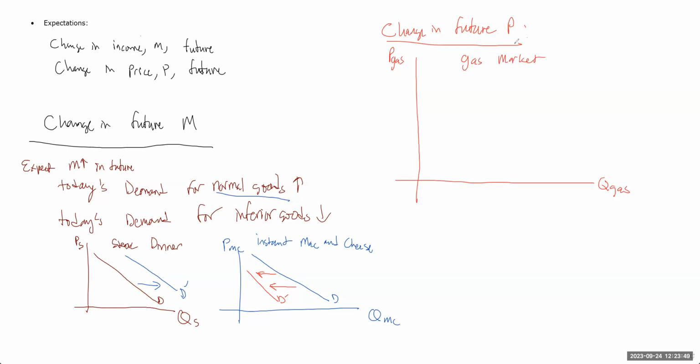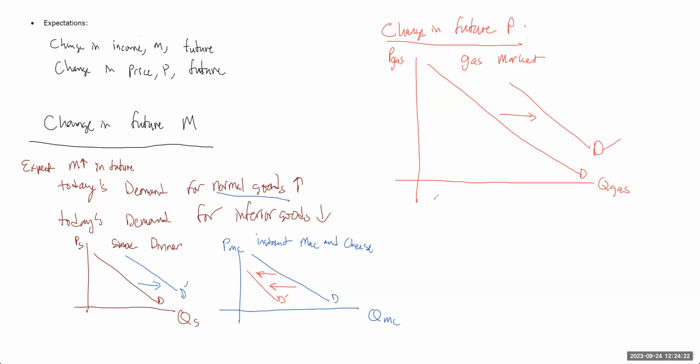I don't know, Joe Biden comes out and says, at midnight, I'm going to make the price of gasoline $600 a gallon. Okay, so we expect gas prices to go up at midnight or in the future. What happens today? Everybody and their grandmother goes out with barrels to the gas station and starts buying gas today. The demand would increase. Okay.